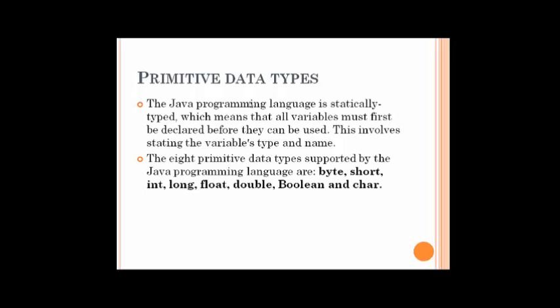The 8 primitive data types supported by the Java programming language are byte, short, int, long, float, double, boolean, and char.